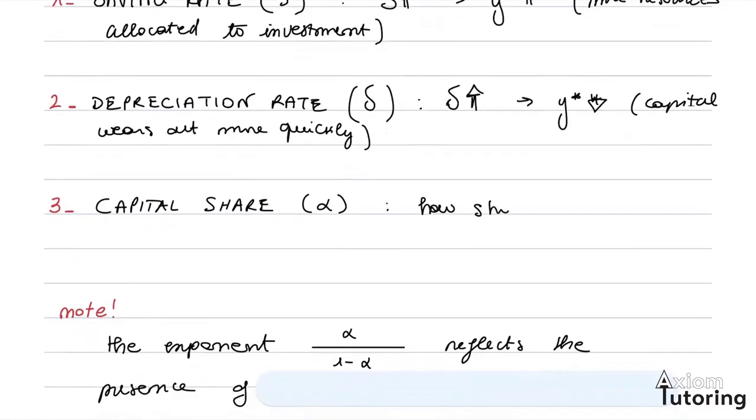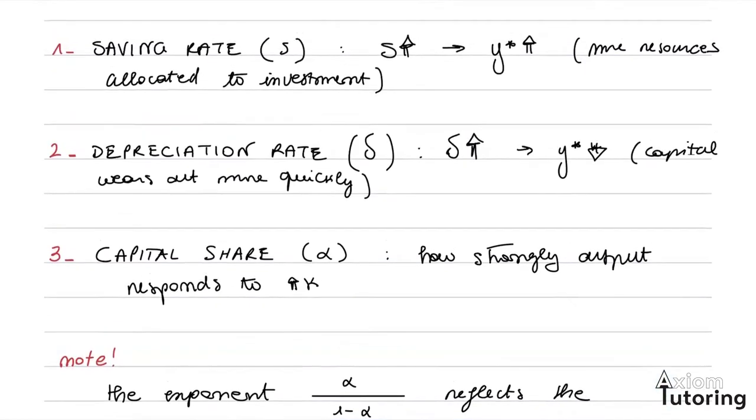And as alpha increases, the greater the effect of saving and of capital accumulation is going to be on long run output.